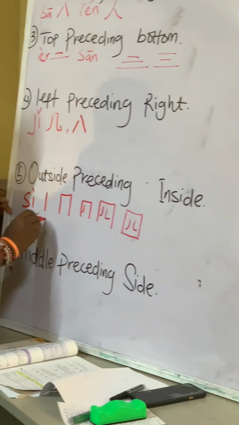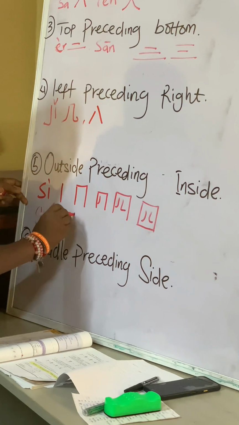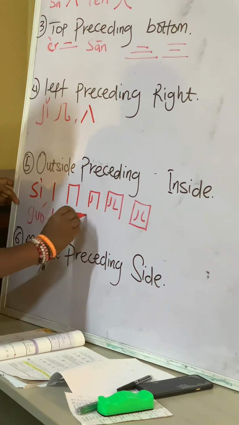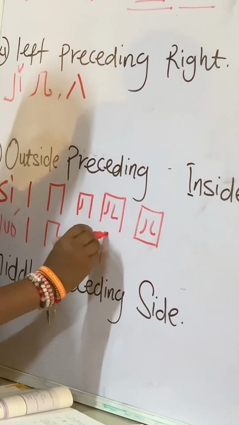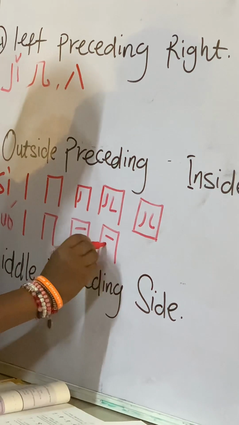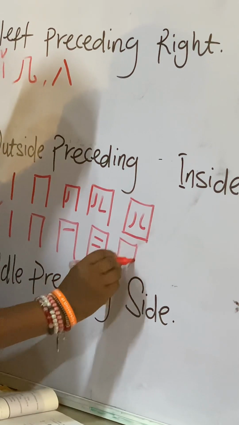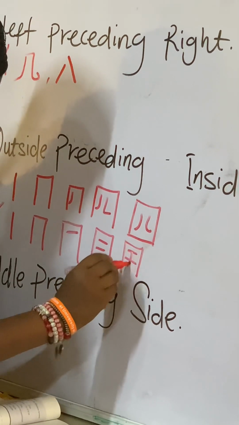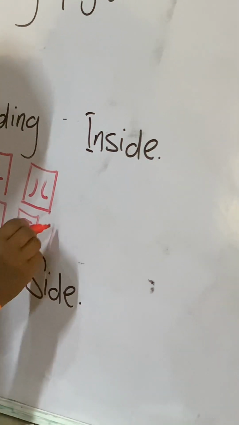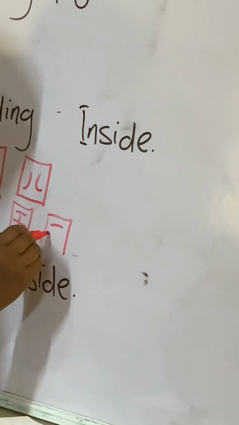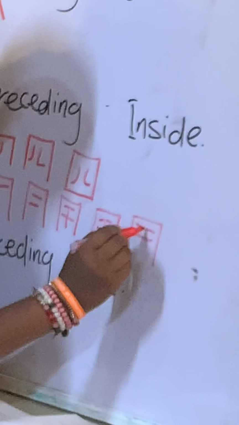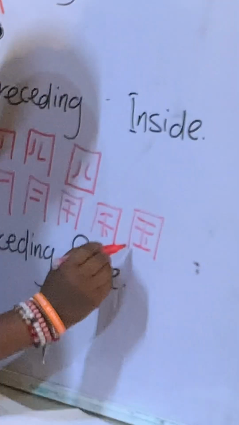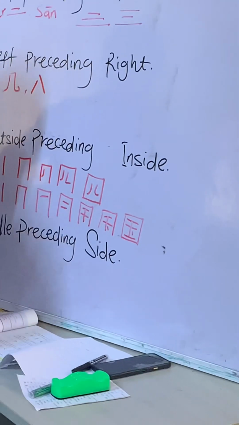So when I'm writing guó, first of all this shù héng zhé, héng shù héng zhé, héng, shù héng zhé, héng shù, dian, then close it.